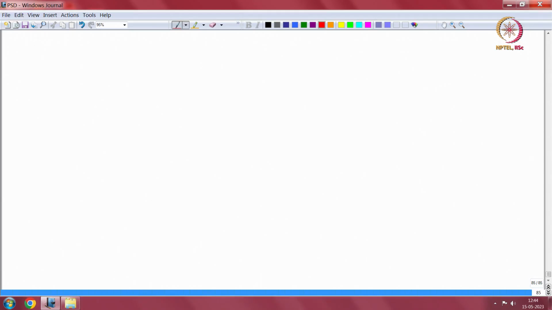Okay, so let me state the theorem. So this is the extension theorem. Remember, we have already obtained extension theorems for some specific domains.